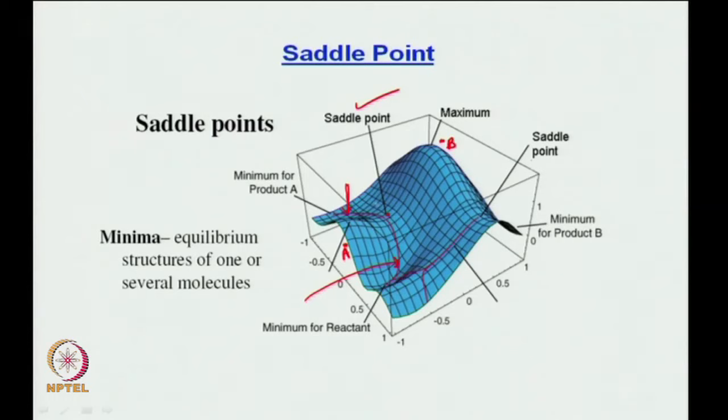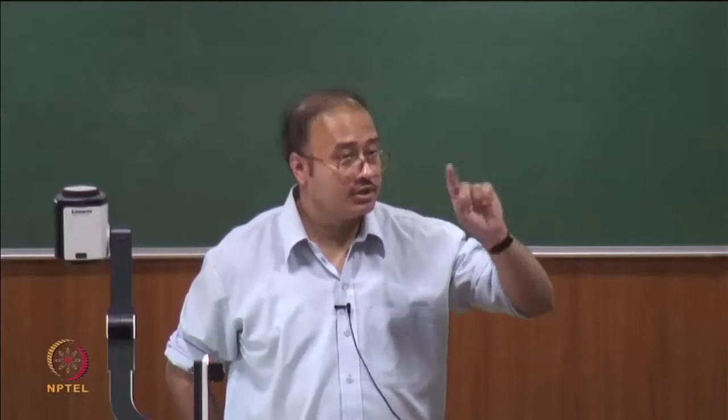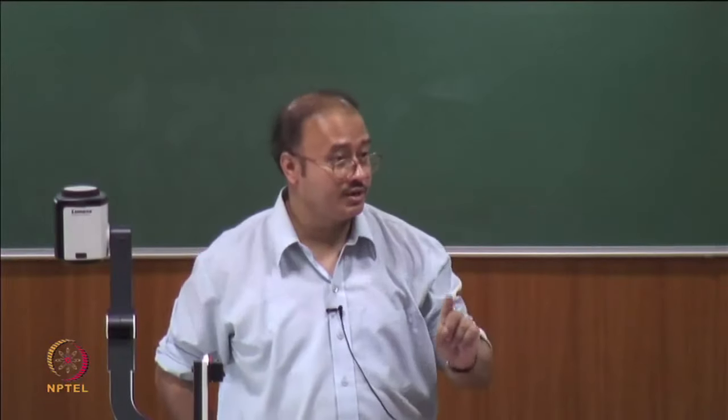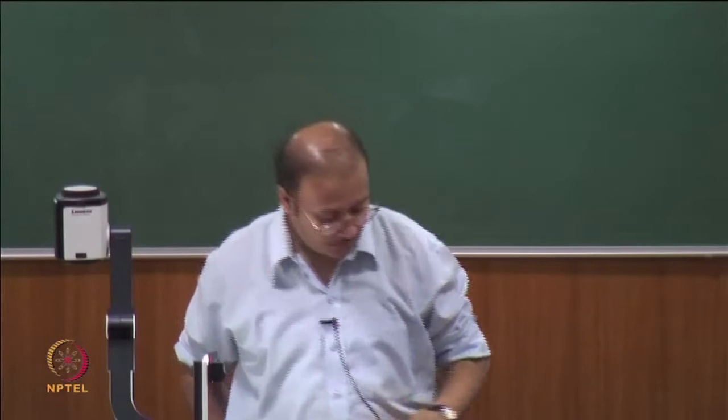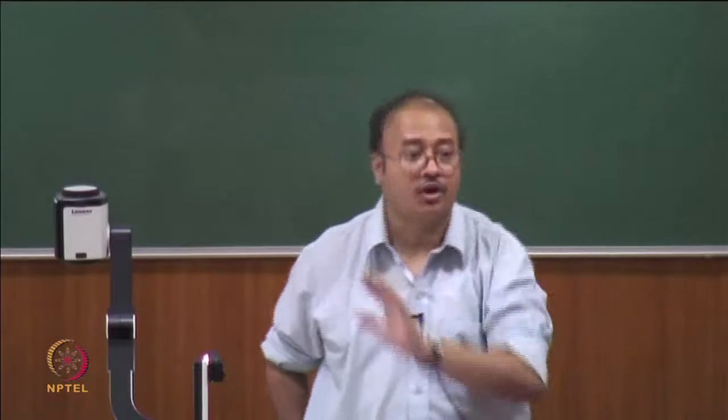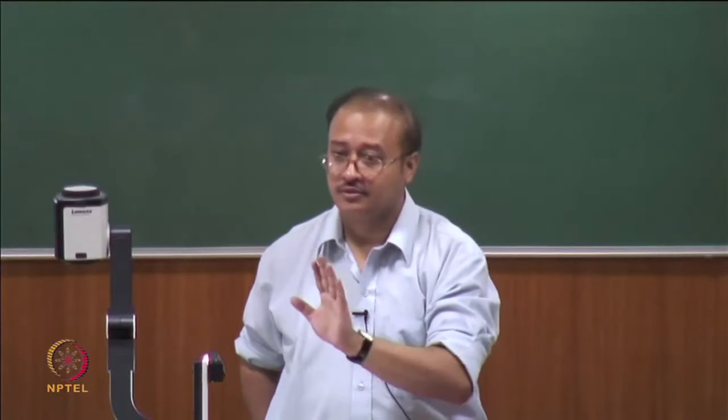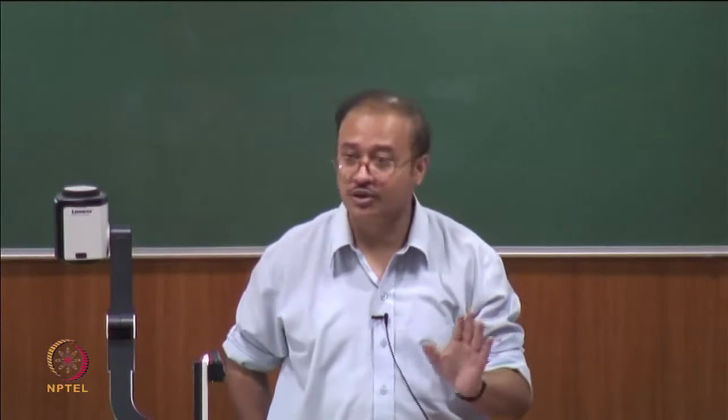That is essentially what a saddle point is. So, that is how a transition state is conventionally defined as a saddle point. It is a maximum in one direction, but a minimum in the direction orthogonal to it. It is called a saddle point because it looks like a horse saddle.